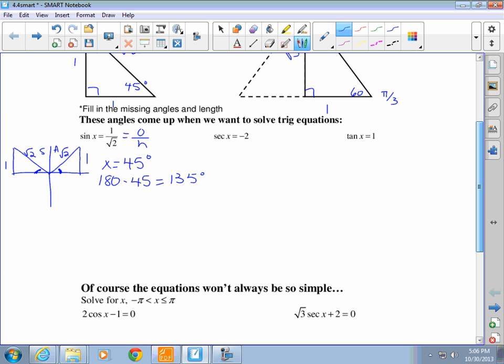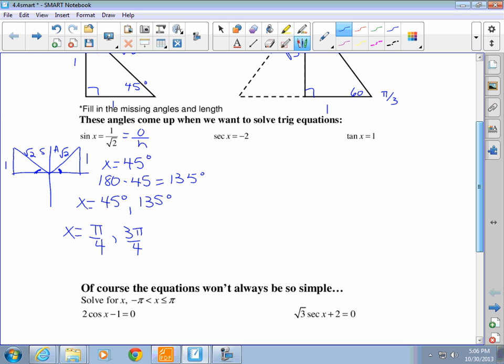So x is equal to 45 or 135 degrees. If I need to do this in radians, I know it's pi over 4, and then it would be pi minus pi over 4, so that would be 3 pi over 4. So what you need to do is draw these in here and figure out which triangle you're using, if it's a 30, 60, 90, or if it's the unit circle, or if it's a 45, 45, 90.